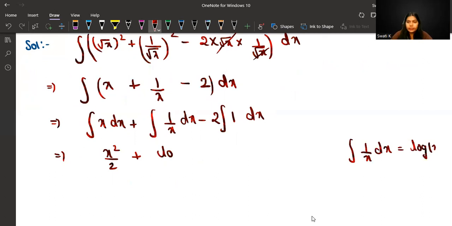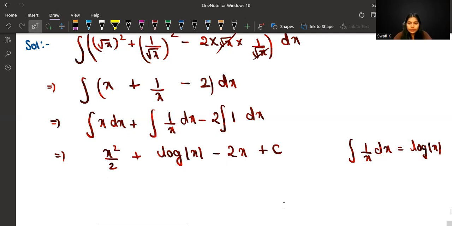Using this formula it will become log mod x minus 2, integration of 1 is x, so 2x, and then plus c. So this is the answer: x square upon 2 plus log mod x minus 2x plus c. Right, now we can go to the next question, which is I guess our 11th question.